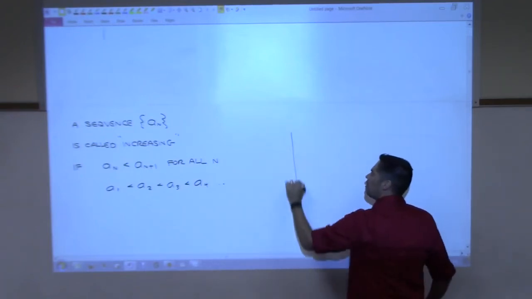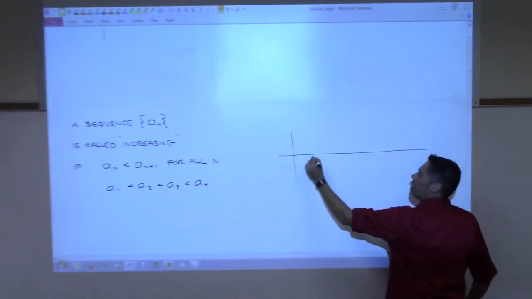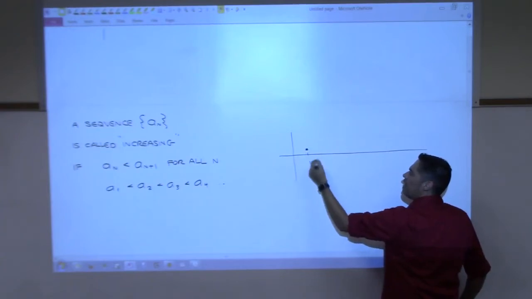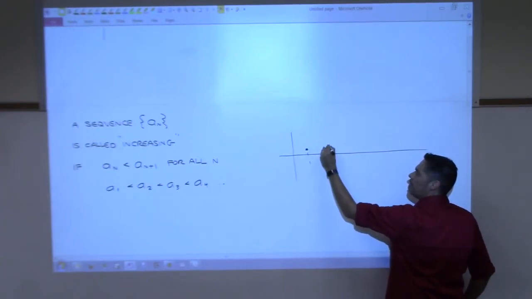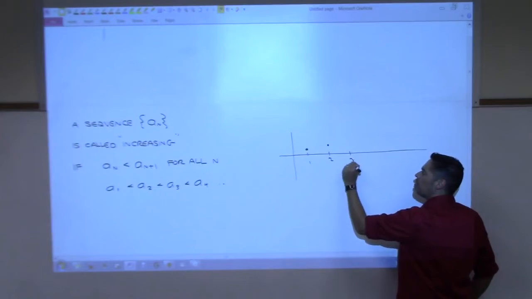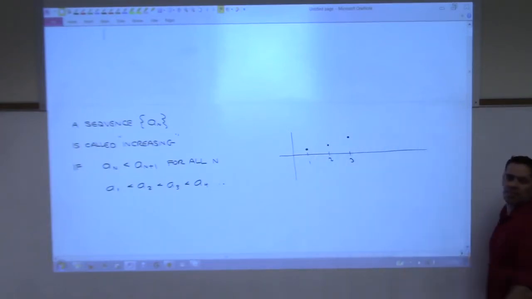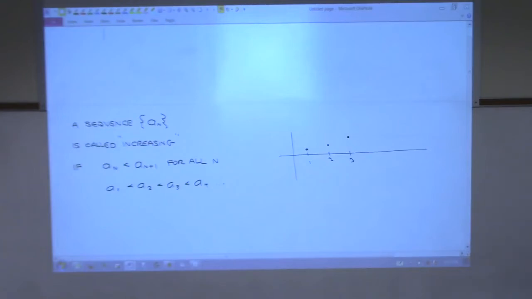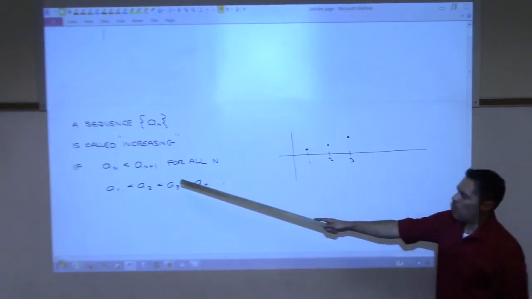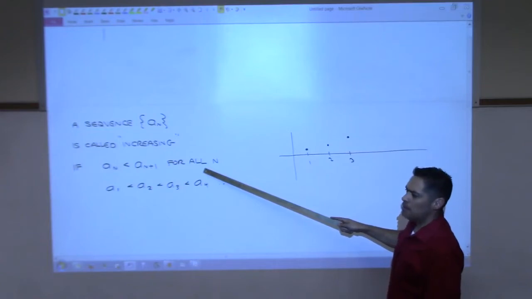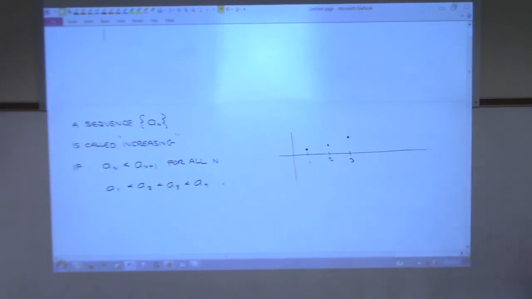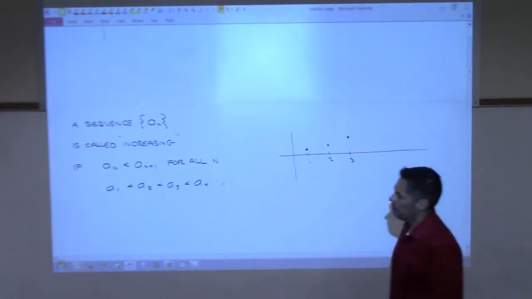Graphically, whatever your first one is, your next one has to be slightly above it, and the next one slightly above that one. And so what you get is an increasing sequence. Any sequence that follows this inequality for all n is an increasing sequence.